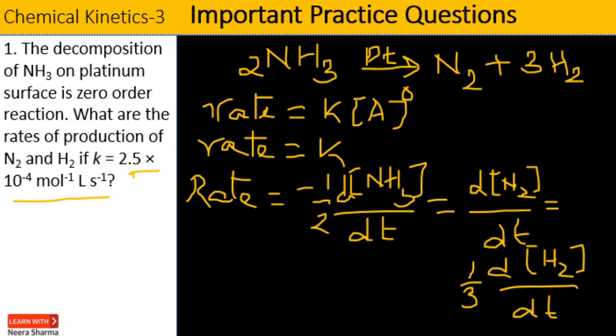As the coefficient here is 3, it will be 1 by 3. Now what is this equal to? This is equal to the rate constant K. And what is K given as? 2.5 into 10 to the power minus 4 mole per liter per second. And we have to find out the rates of production of nitrogen and hydrogen.